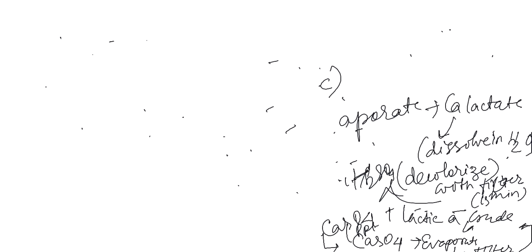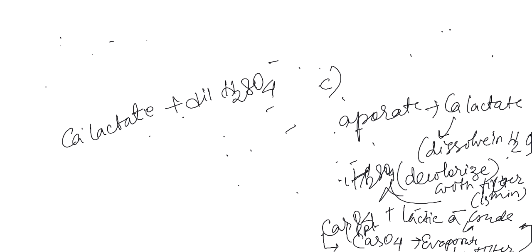So just from here, I'll tell you again what is happening. We are getting the calcium lactate. The calcium lactate needs to react with dilute H2SO4. So we set it in a reactor at 30 degrees Celsius.